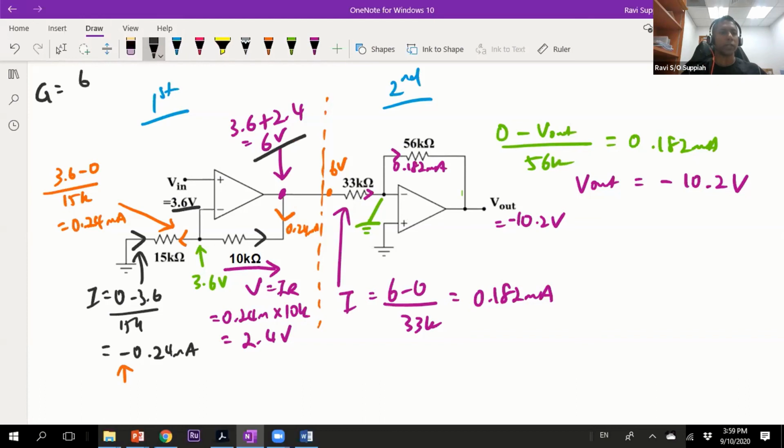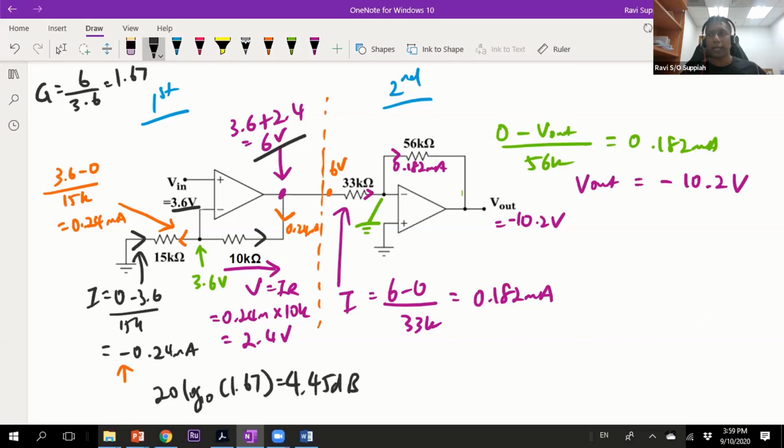So it is 6 over 3.6, which gives a value of 1.67. If I do the log, 20 log to the base 10 of 1.67, I will get a value of 4.45 dB.